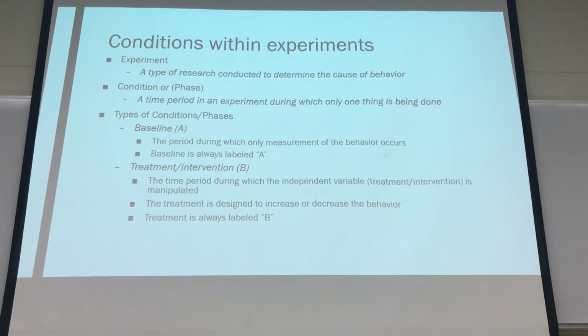And notice that baseline is followed by a capital A in parentheses. Baseline is always labeled A. The treatment condition is always labeled B. So we don't even need to use words, we can use letters and know precisely what's happening.